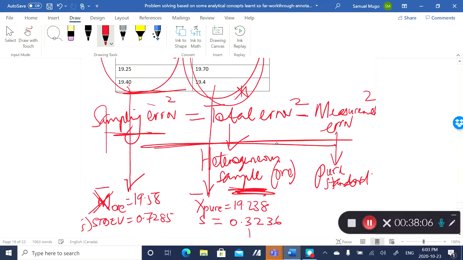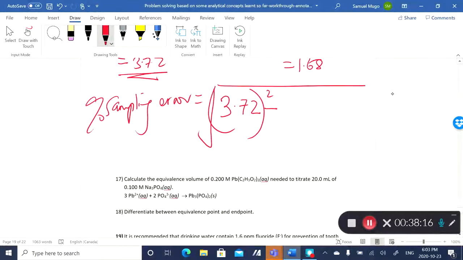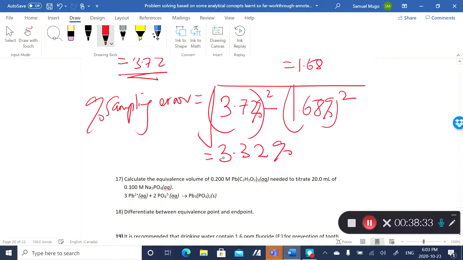If I'm calculating the sampling error, I need to square this one, minus 1.68 squared. And of course that's percent. When you do that, you're going to find the sampling error is 3.32%.